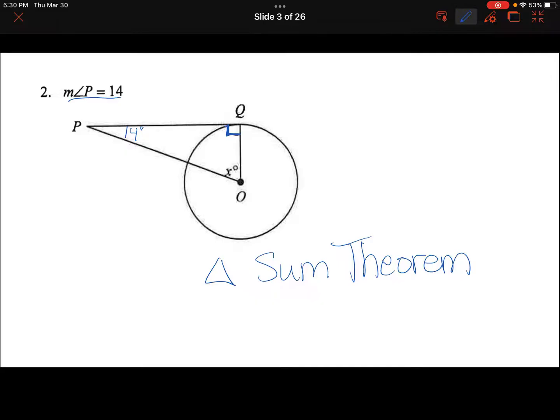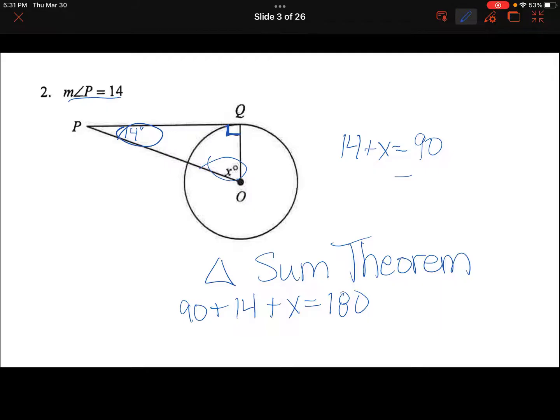You can add them all up and say 90 plus 14 plus x equals 180. Or you may notice that in any right triangle, the acute angles must add up to 90, and you can simply say 14 plus x equals 90, and just subtract 14 from 90. You'll get the same result.